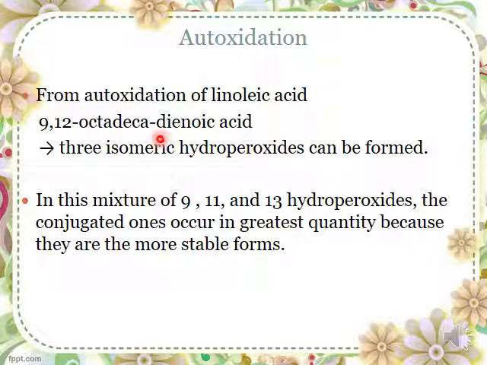Another example is autooxidation of linoleic acid, systematic name 9,12-octadecadienoic acid. So this will result in the formation of 3 isomeric hydroperoxide. And of all these 3, the conjugated one will occur in the greatest quantity due to its more stable formation.